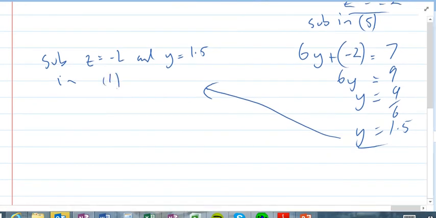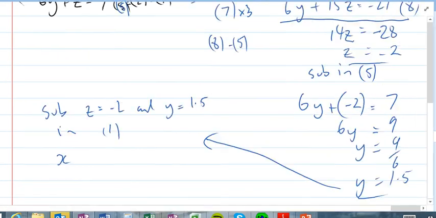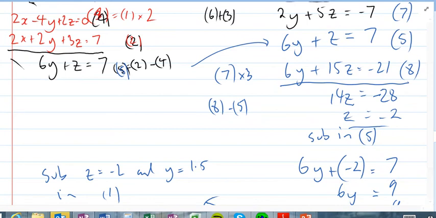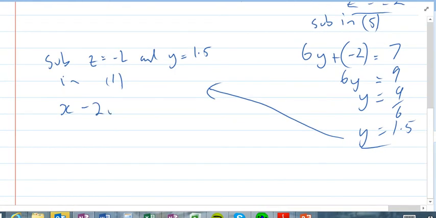So in equation 1, which is x minus 2y plus z, I've got x minus 2 times whatever y is, 1.5, plus minus 2, which is the z there, equals 0.